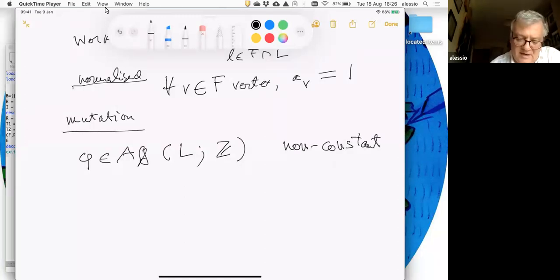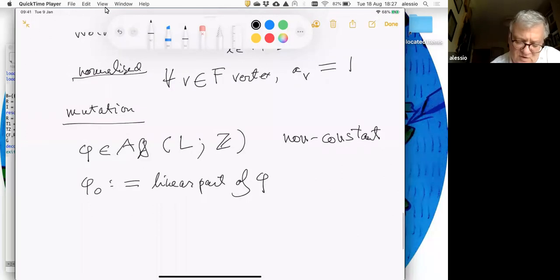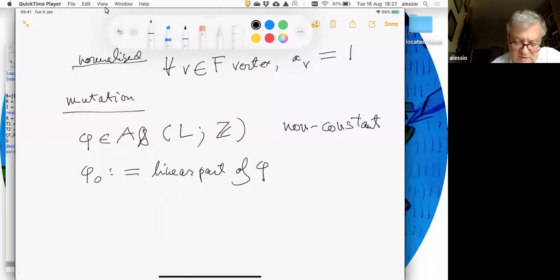And then I denote by phi naught the linear part of phi, and I take a u, a primitive element in the kernel.